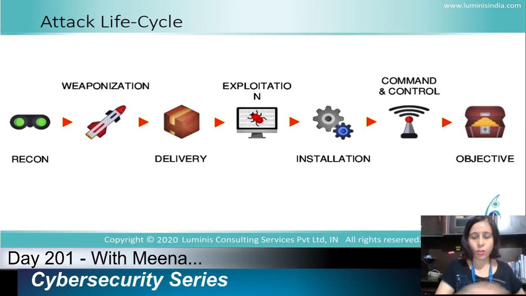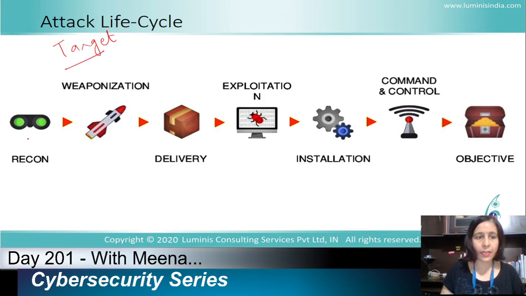First of all, when they are performing an attack, they need to know a lot about the target. First of all they decide who will be their target. Then in the reconnaissance process they collect as much information as possible about the target. They may make a phone call, use social engineering, send emails, or collect information from social media accounts or from the website where the person is working.